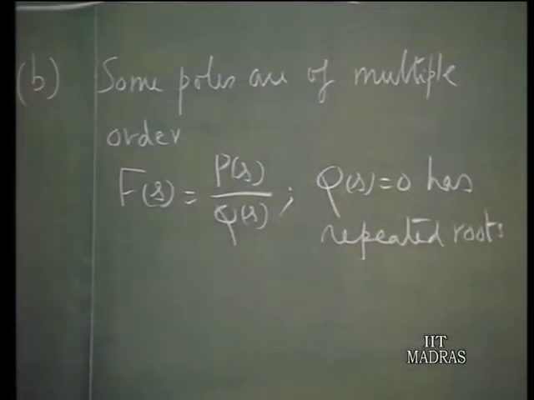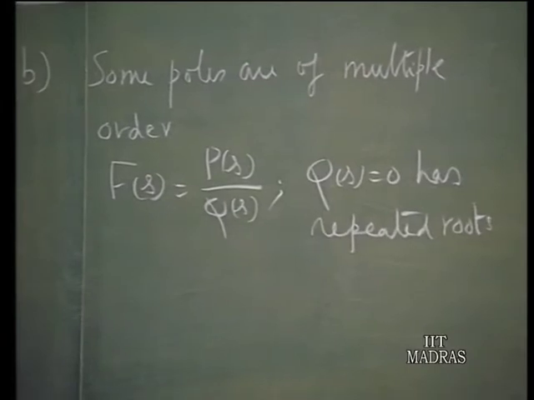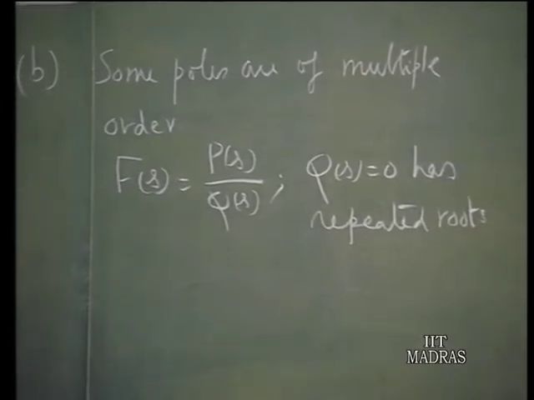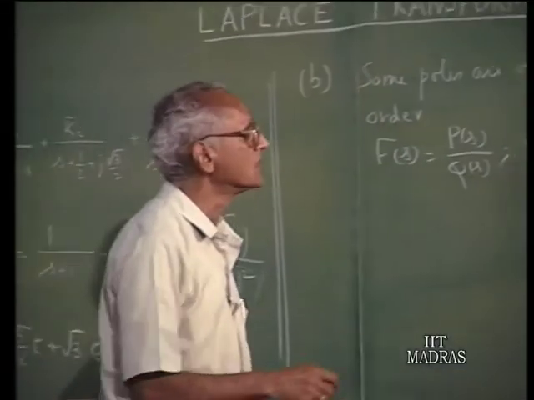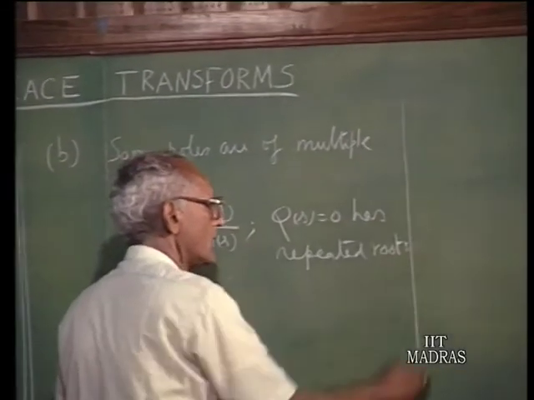So some factors are repeated, then we will say that f of s has multiple order poles depending upon the repetition. Suppose it is repeated twice, it is a pole of order 2. If a particular root is repeated 3 times, then we say a pole of order 3. We will illustrate this again by means of an example before we give the general rule.